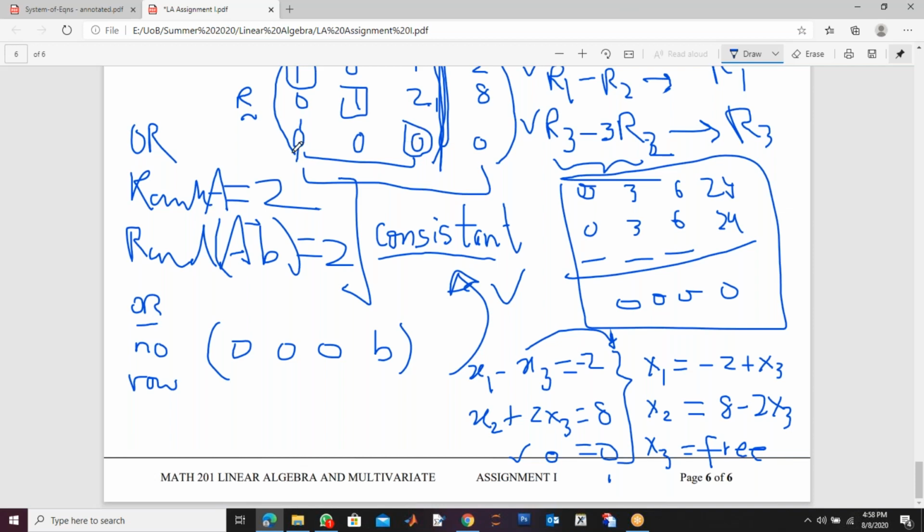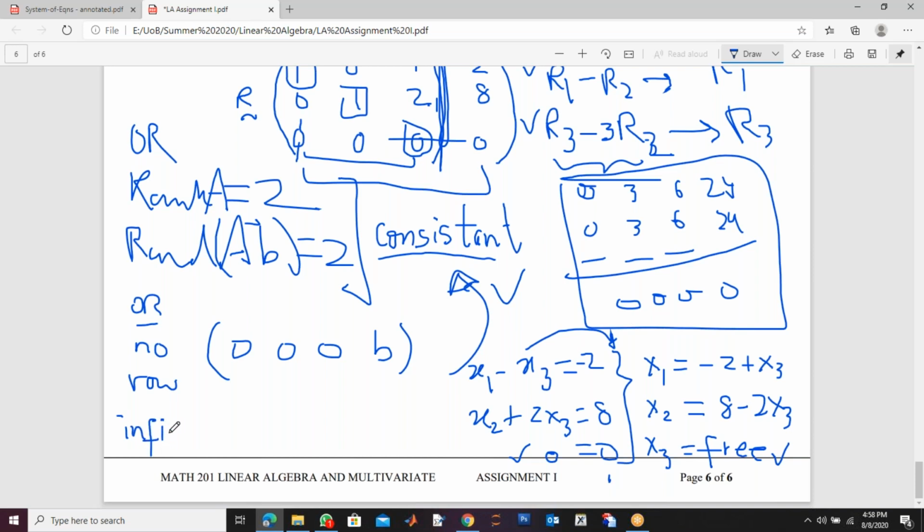But you did not get a pivot position in the third row, so one variable was free, so you got infinitely many solutions. If you have watched my video, we mentioned that a system can have only three situations: no solution, unique solution, or infinitely many solutions. So this is the case where we are getting infinitely many solutions, not a unique solution.